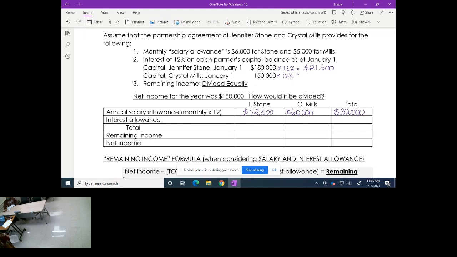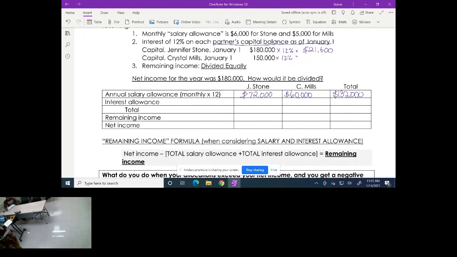That's not right. I see that a lot. That's a common mistake. We are calculating 12% on the partner's capital account balances that they're giving you right there. So don't use that rate times salary. All right, 150 times 12% is 18.